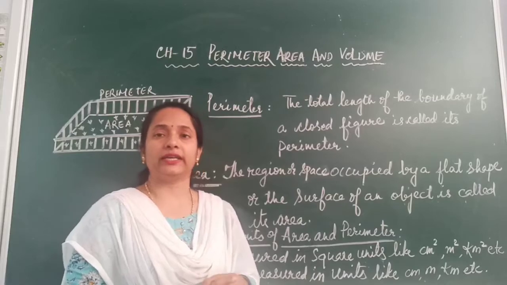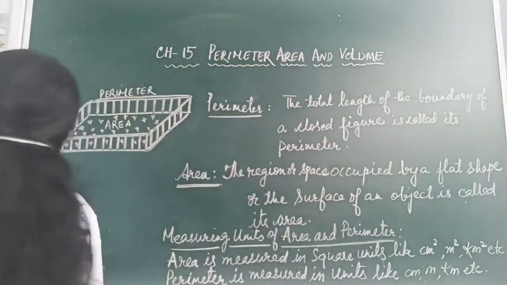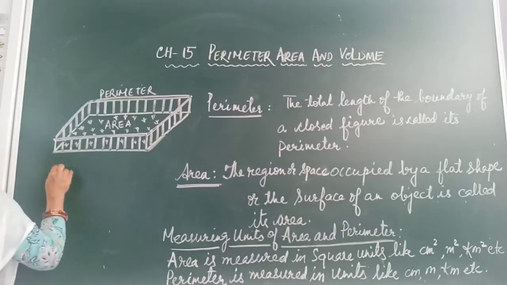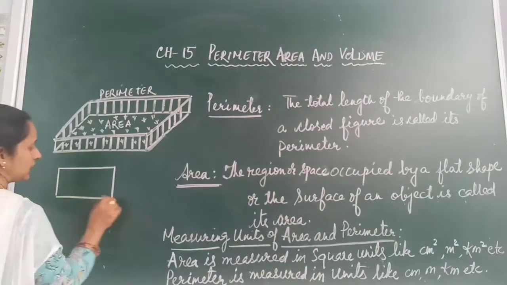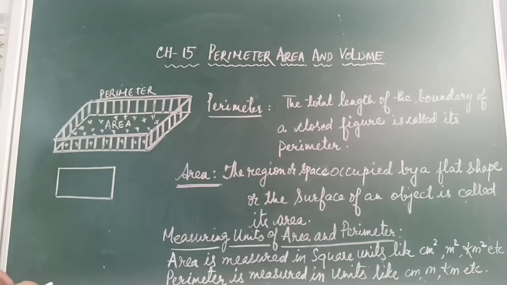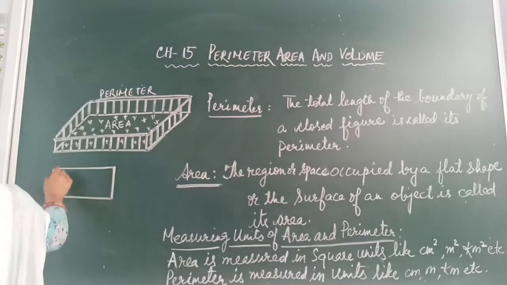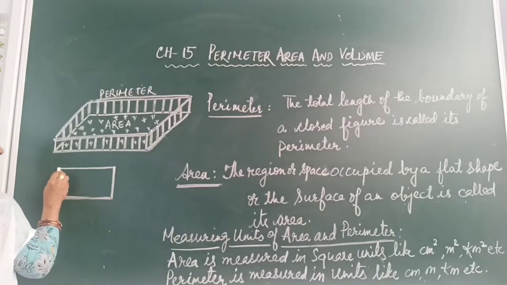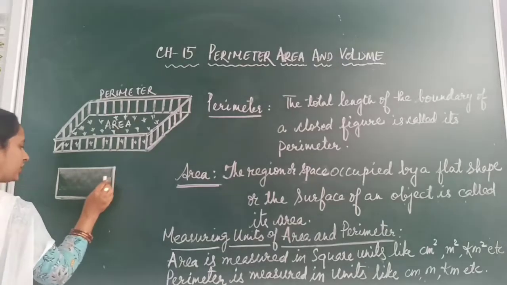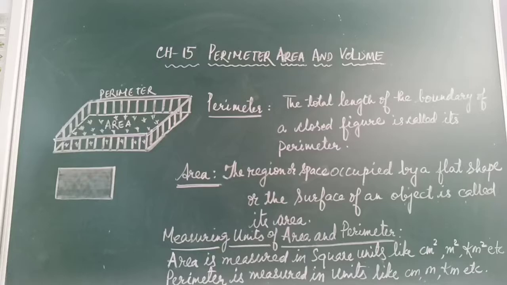Okay, so here let me draw one more figure and show you. Like suppose this is a rectangle. This is a shape. This shape is occupying some region. This is the boundary of the shape, and within this boundary of the shape some portion of this surface is being occupied.